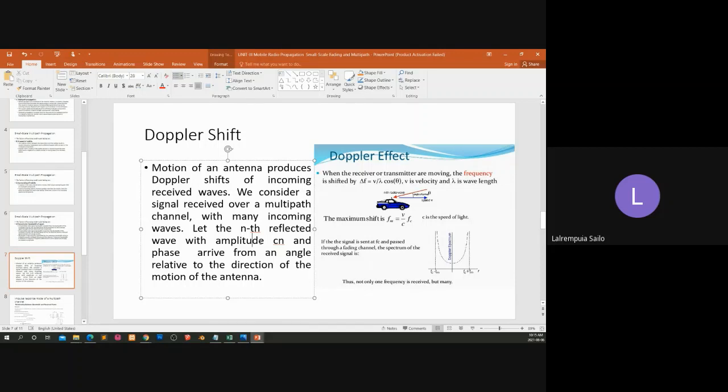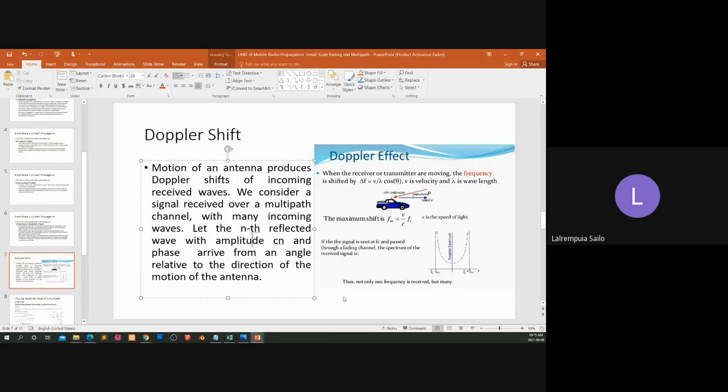If the signal is sent at the carrier frequency fc and passes through a fading channel that is multipath, the spectrum of the received signal is described using this Doppler spectrum.